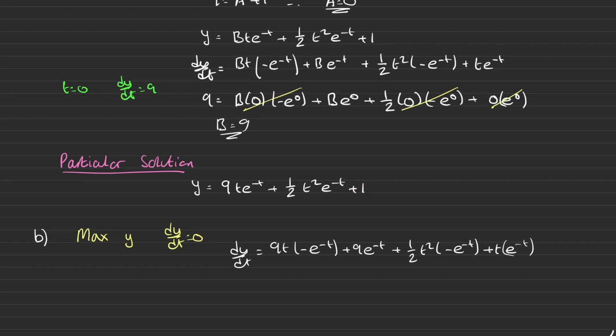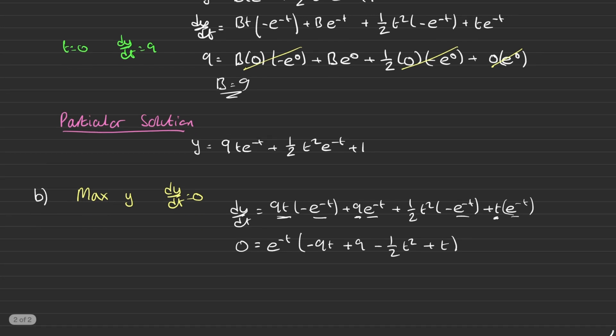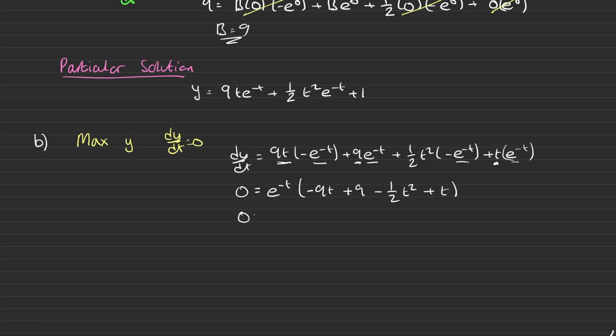So when dy by dt equals 0, we can factor out the e to the negative t. We'll get the negative 9t from here plus 9 minus 1/2 of t squared plus this t here. So we can tidy this up. We'll have e to the negative t of 9, negative 9t plus a 1t, negative 8t minus 1/2 of t squared.